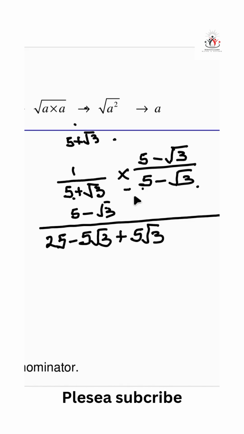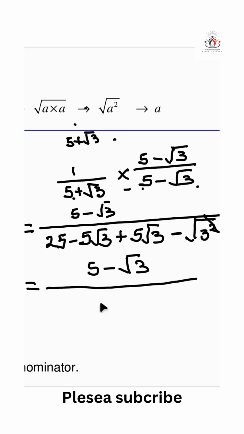Then lastly, I'm going to do plus root 3 times minus root 3. Multiplying them together, I'm going to get negative square root of 3 all squared. So I have 5 minus root 3 on top, and at the bottom I have 25, minus 5 root 3 plus 5 root 3 is cancelling out, then I have minus 3.